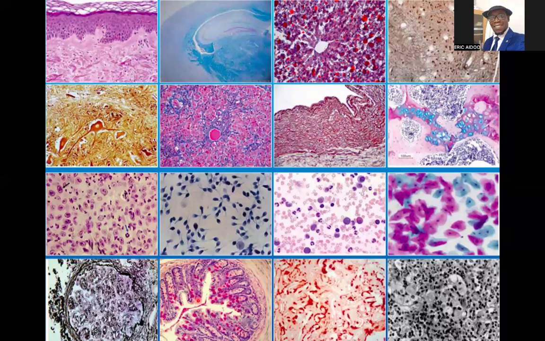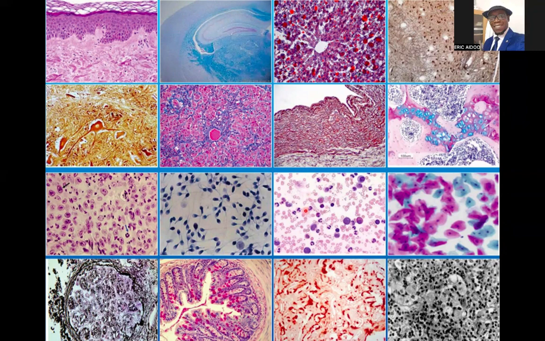Then you also have what we call special stains. You can see that you have different colors appearing. This is a neuron with dendrites and axons. You have different stains per what you want to achieve. You have stains like the Giemsa stain, which is used to stain malaria parasites, like in this blood film.